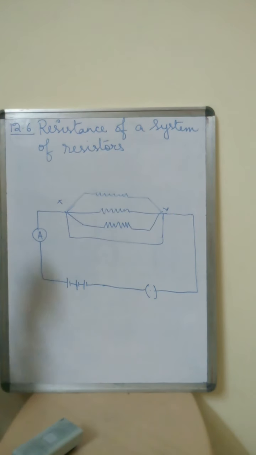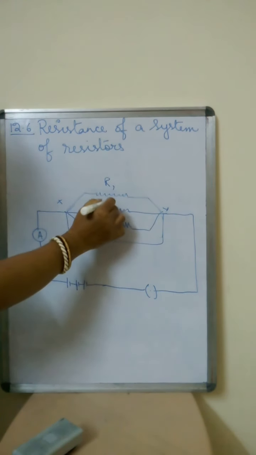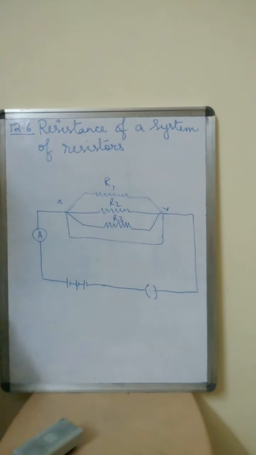So here this is R1, R2 and R3. This is the only difference between connection in series and connection in parallel. Now we come to the details about resistors in series.